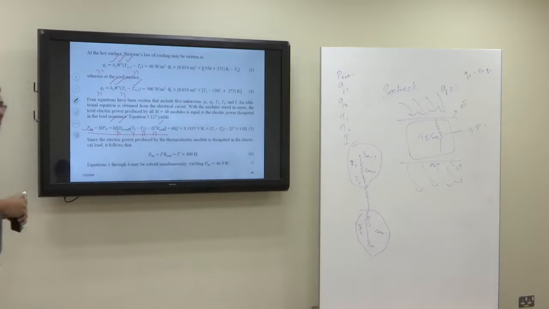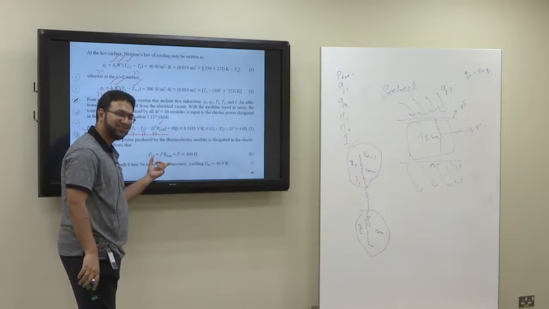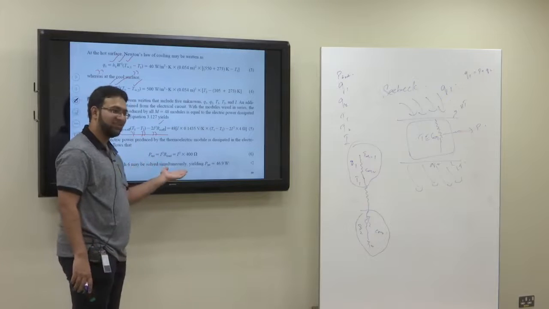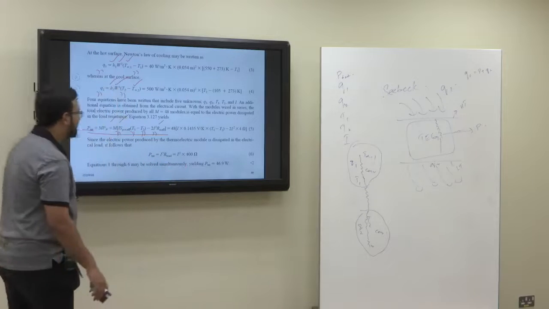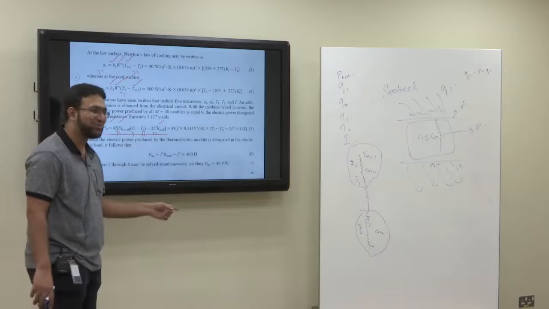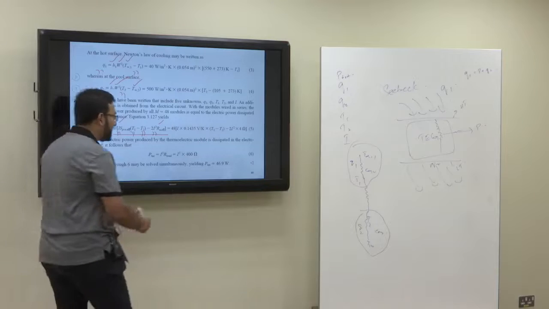Now you have one equation from your electrical system, the simplest one: the load power equals I square R. Substitute this. So now you have 6 unknowns and 6 equations. Solve them simultaneously and you will get the power output.